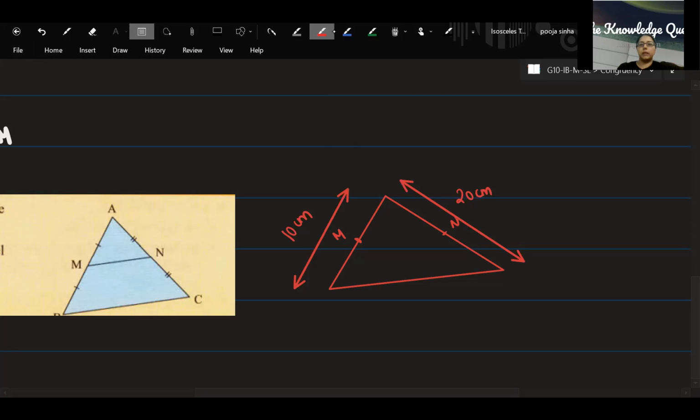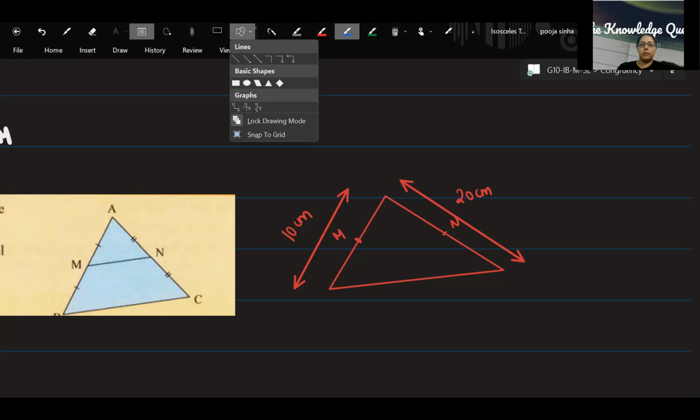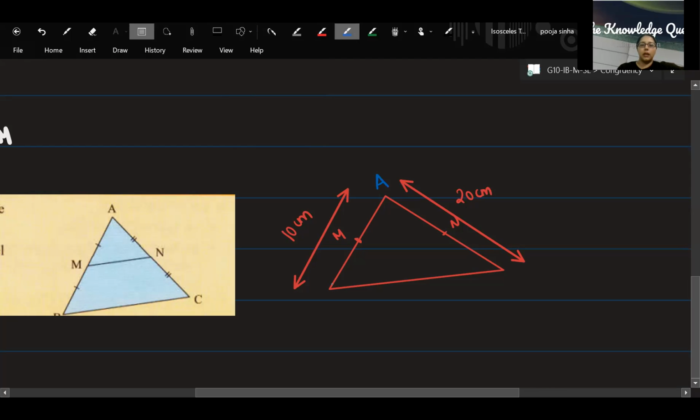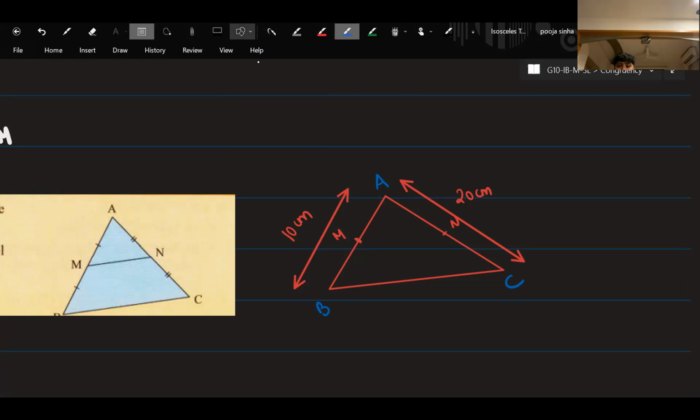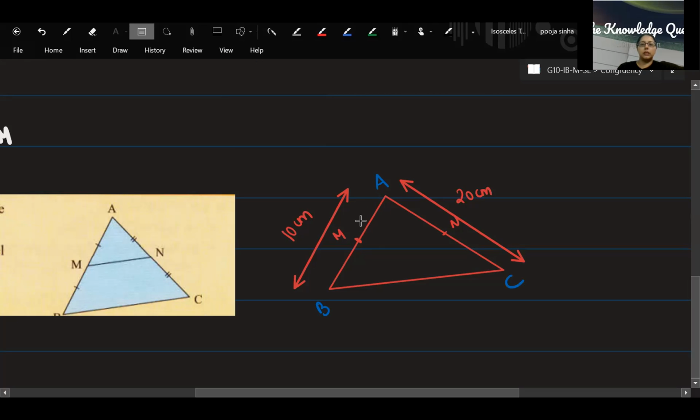So what will you tell me? How much will be AM? A to M would be 10 divided by 2. So this much and this much would be equal, right?